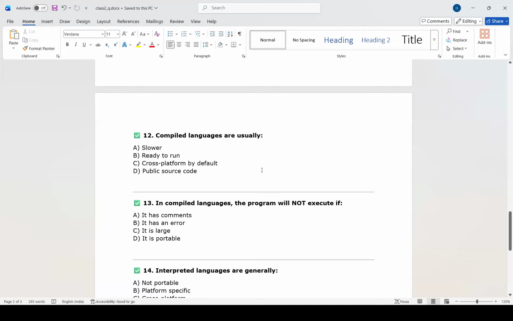Compiled based language: whatever the output, as you know, the output is the executable, it is ready to run.